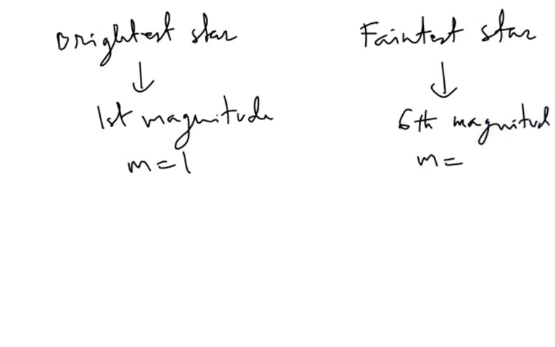So m is equal to 6, and this is what was possible with the visible eye.